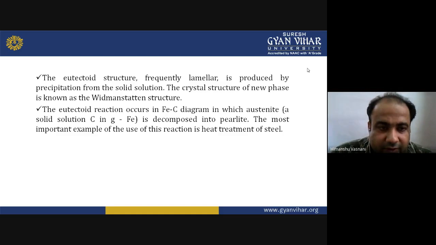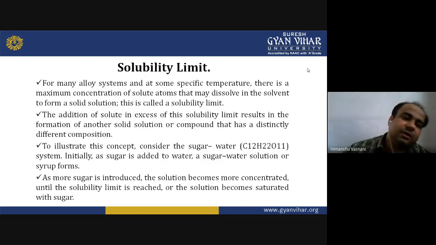The crystal structure of the new phase is known as Widmanstatten structure. The eutectoid reaction in the iron carbon diagram is one in which austenite, a solid solution, decomposes into pearlite. The most important example of decomposition is the heat treatment of steel. Okay, so here you can understand how things work.